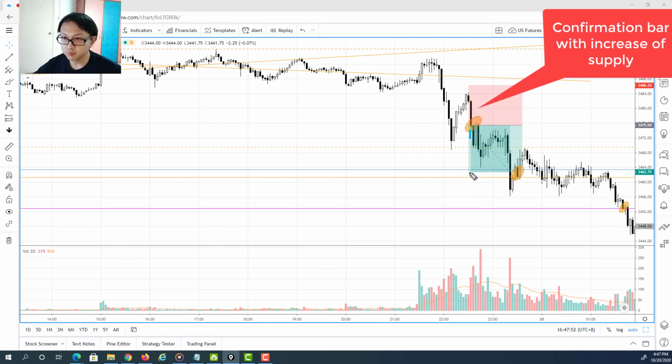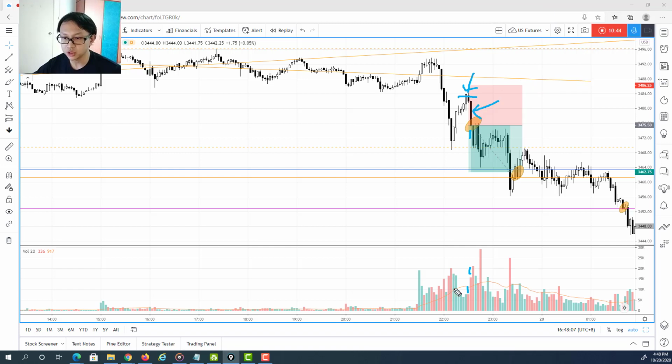So that's the bearish bar, and look at the volume. The first upthrust bar here did not really show a lot of supply, but the second bar, defined as the reversal and confirmation bar, shows a spike of supply. So definitely this is a great reversal type of trade.